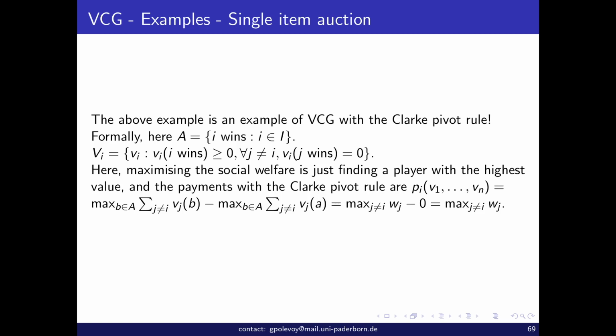Formally, the options were: player I wins, for each player I. Now, the value functions simply are how much I values winning. So it's all the possible numbers for the player winning. When the others win, it's always 0. So those are all the possible value functions. Basically, just tell how much I values winning.